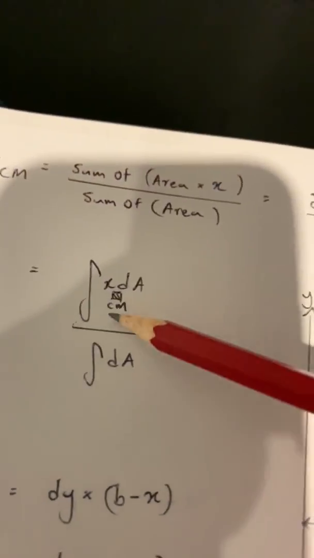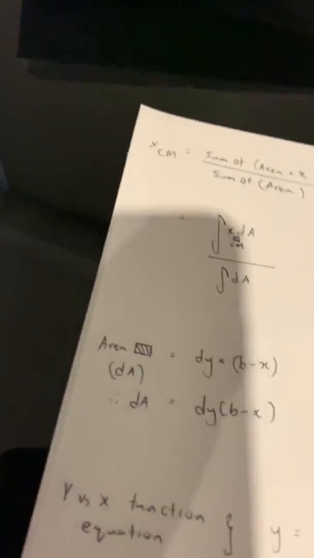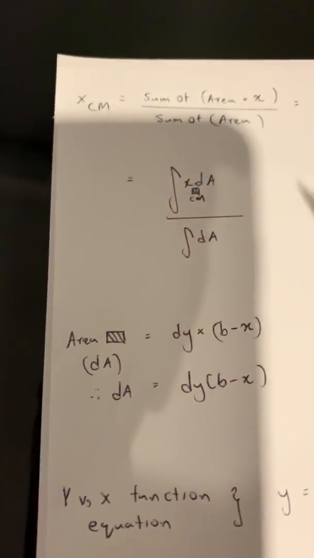So if you integrate that with dA and divide that by the integration of dA, we can find the X center of mass value.